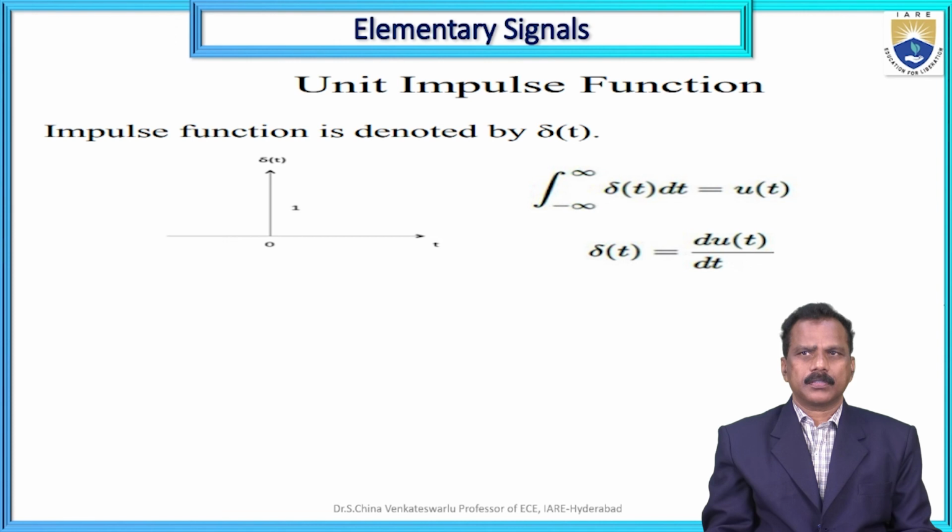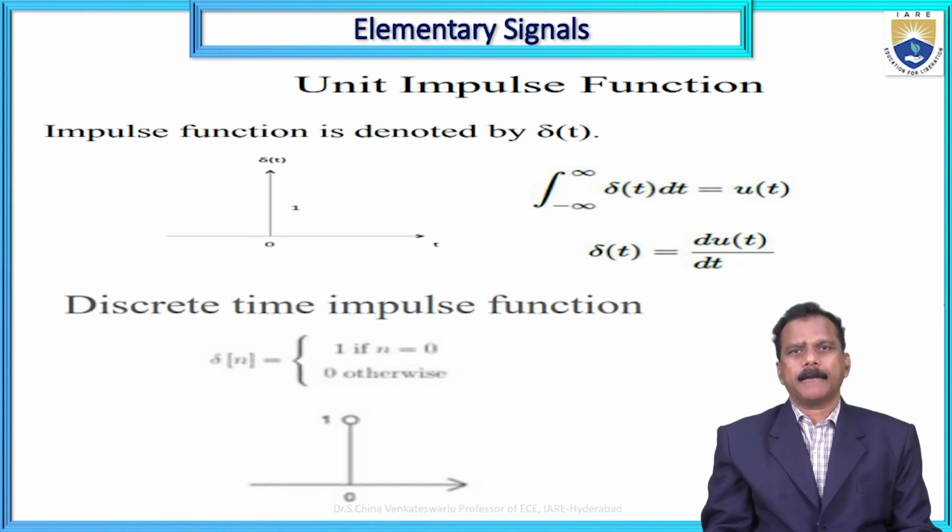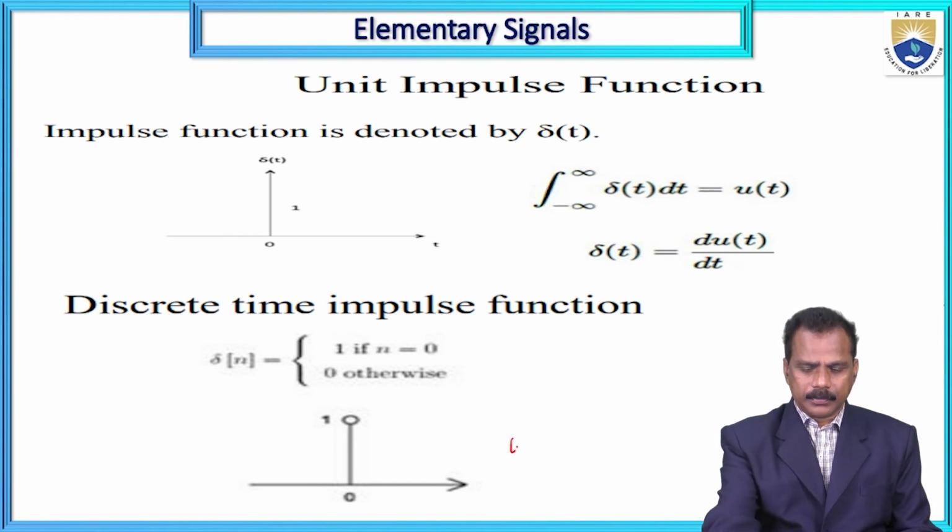So from this case, delta of t is the derivative of u of t with respect to t. The discrete time impulse function is denoted by delta of n, where delta of n is equal to 1 if n is equal to 0, and 0 otherwise.